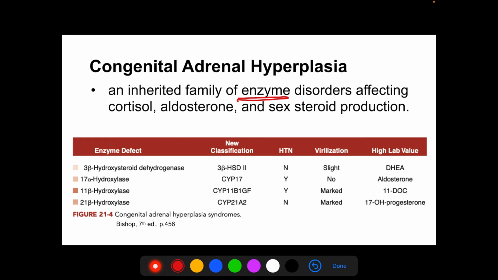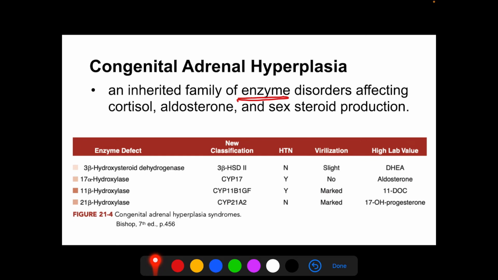So enzyme disorders affecting cortisol, aldosterone, and sex steroid production. And in the table here, you can see the different enzymes affected, the laboratory values, the new classifications of this enzyme defect based, of course, on the gene from which they are produced, the presence of hypertension, then virilization.